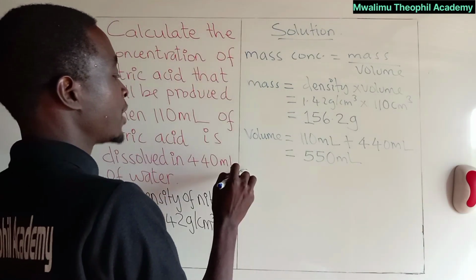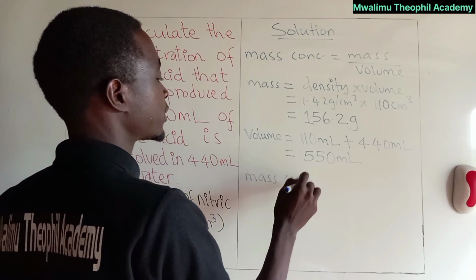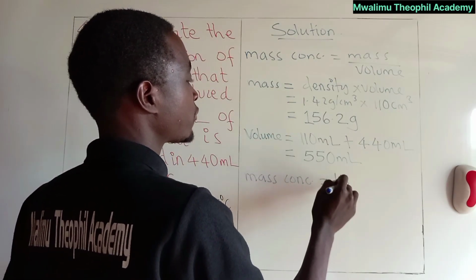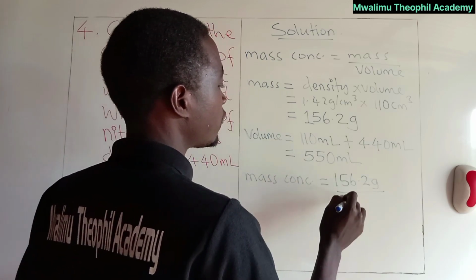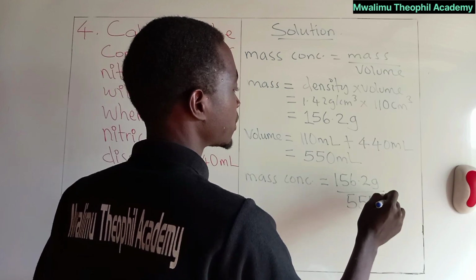Now, the mass concentration of nitric acid will be equal to the mass over volume, which is 156.2 grams over 550 milliliters.